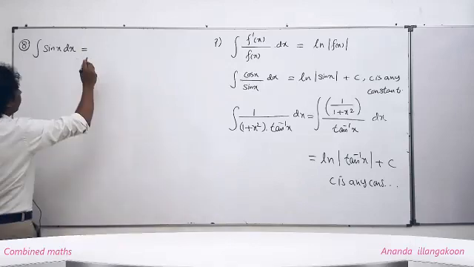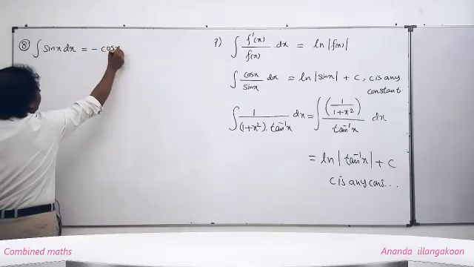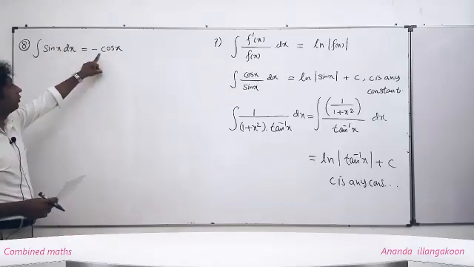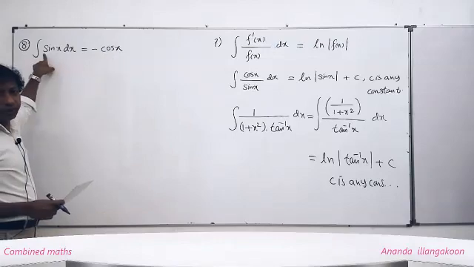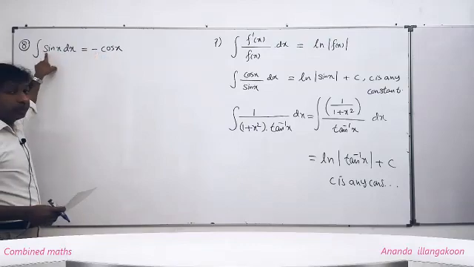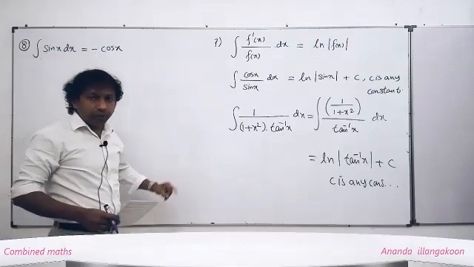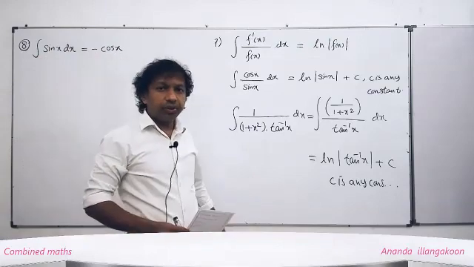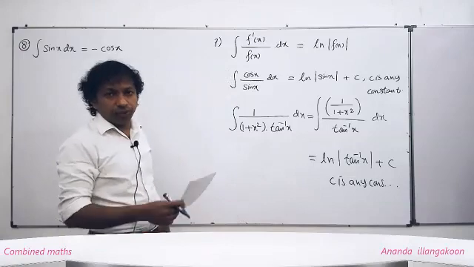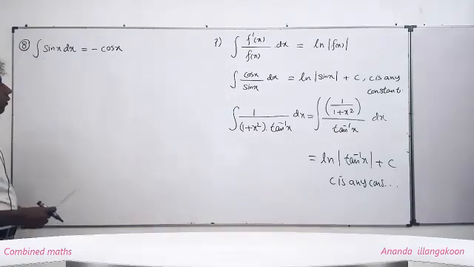You can see, after getting a result for the integration of a function, when you differentiate this, we get this sin x. Understand? This is the original function that should be differentiated to get sin x as its derivative. Correct? No? Minus cos x, when you differentiate, we get the derivative as plus sin x. Then the integral of sin x is going to be minus cos x. Right? Okay.